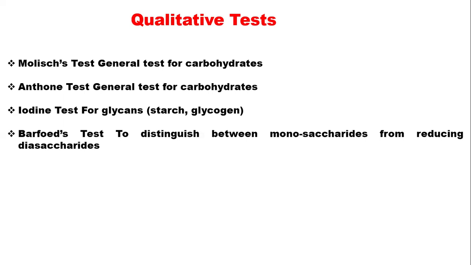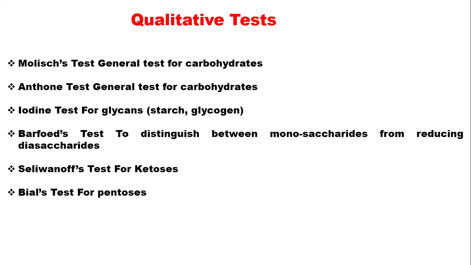We'll talk about Barfoed test to distinguish monosaccharides from reducing disaccharides, Seliwanoff test for ketoses, and Bial test for pentoses. So for Molisch test, basically we'll be discussing the principle, the reaction, and the observation of the color change that we observe at the end of the day.